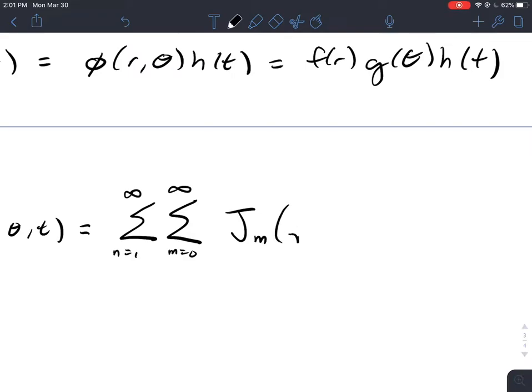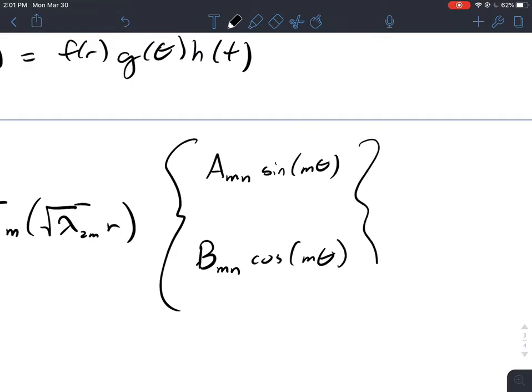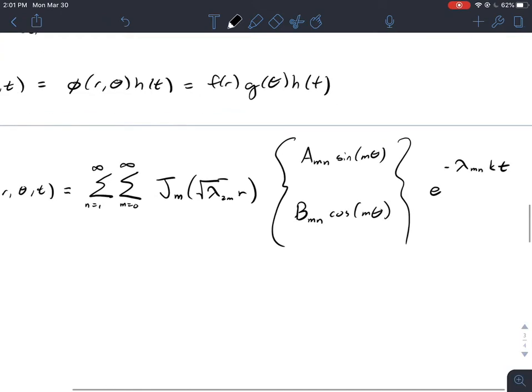So J of m, z mn r, double bracket a mn sine m theta, b mn cosine m theta, and then the solution for the h of t, which I don't think I wrote up there, but can be easily found, which is just e to the negative lambda mn k t.